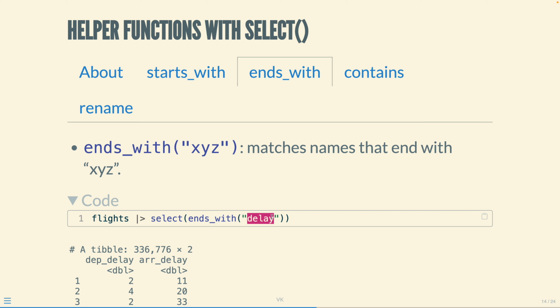Any variable that's ending in delay, I can then take the data frame and then select everything that ends with delay, and delay is in quotes because it's a character match, okay? And again, it's returning all of those 336,000 some rows and the two columns, which is departure underscore delay and arrival underscore delay, which you already know what these mean.